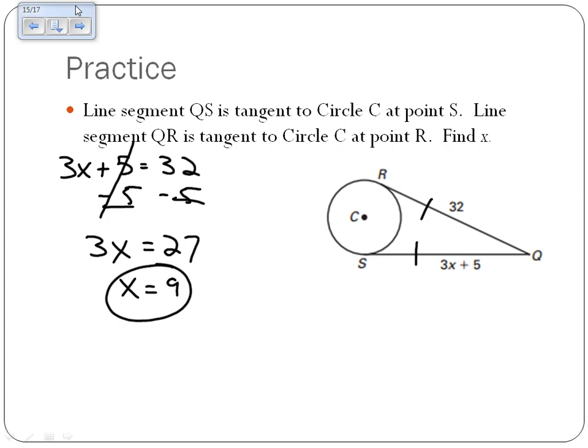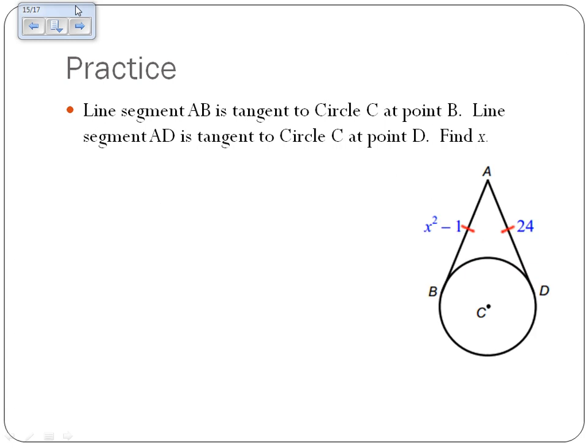The last one, once again, just pay attention. Those two segments are both tangents. So we know that they have to be equal. If that's the case, we can set it up and just say that x squared minus 1 is equal to 24. Does that make sense? Because they're both congruent. What should I move first? Plus 1. Plus 1.